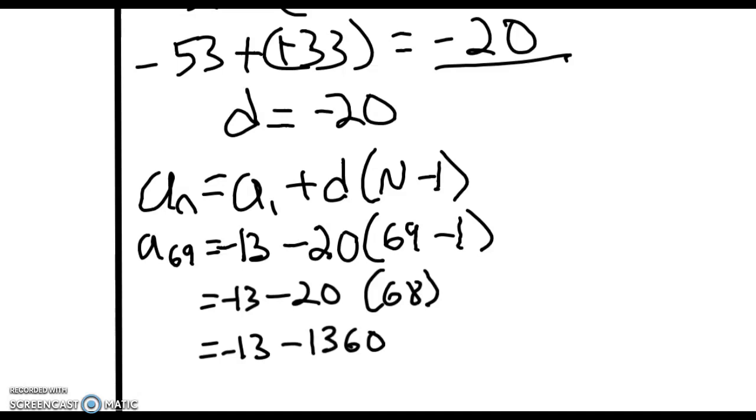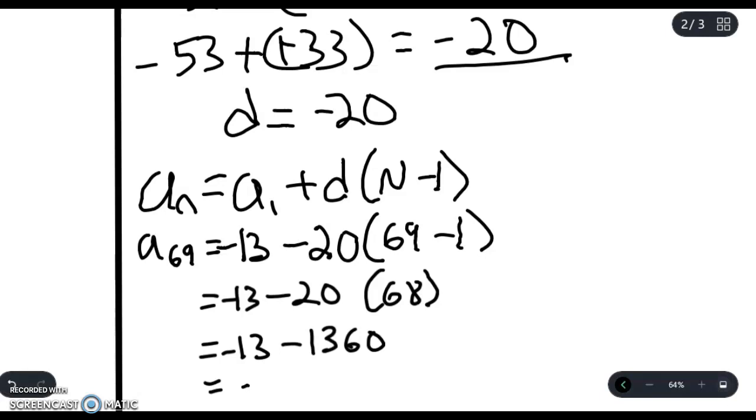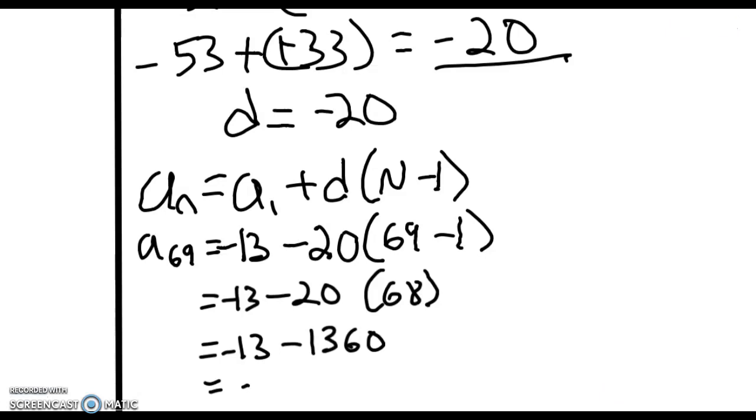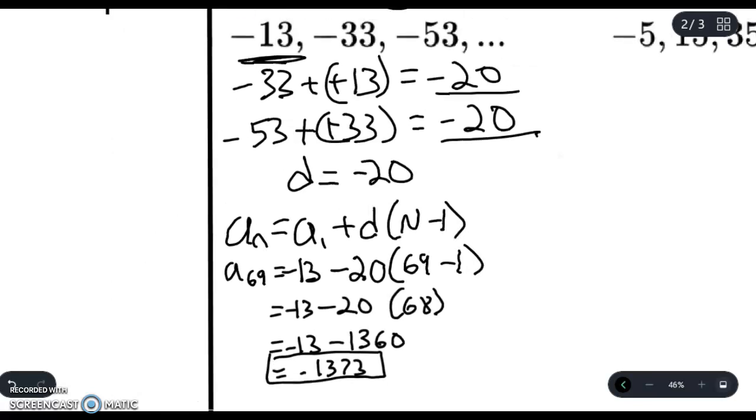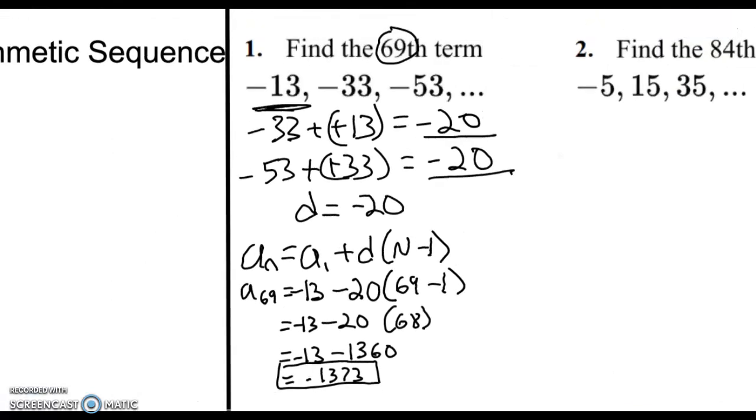Negative 13 and negative 1,360 is going to get us negative 1,373. So this is our final answer right here. And if we were to put that in the sequence, first term, second term, third term, and go all the way up to the 69th term, that number would be negative 1,373.